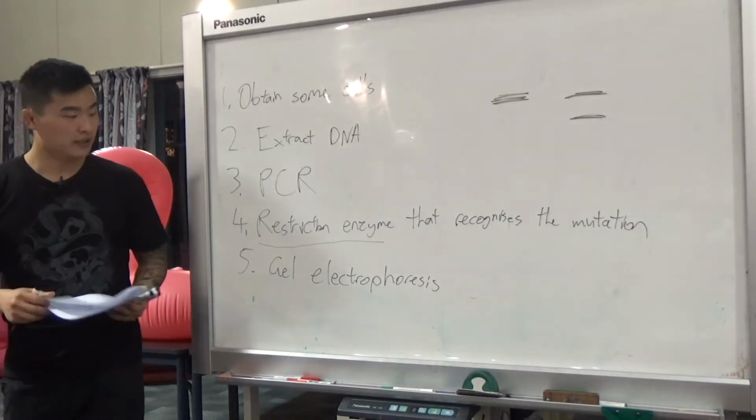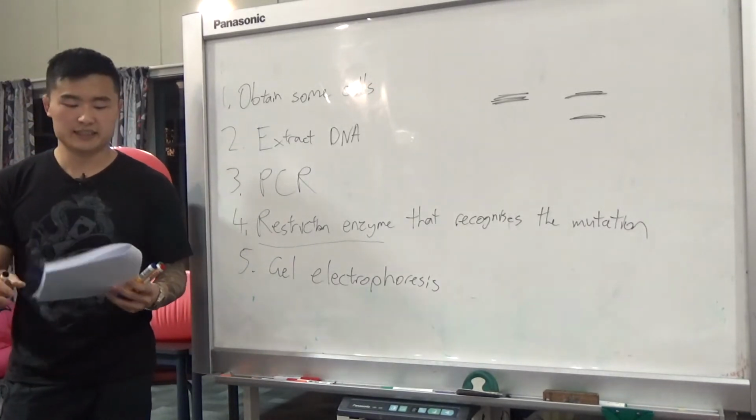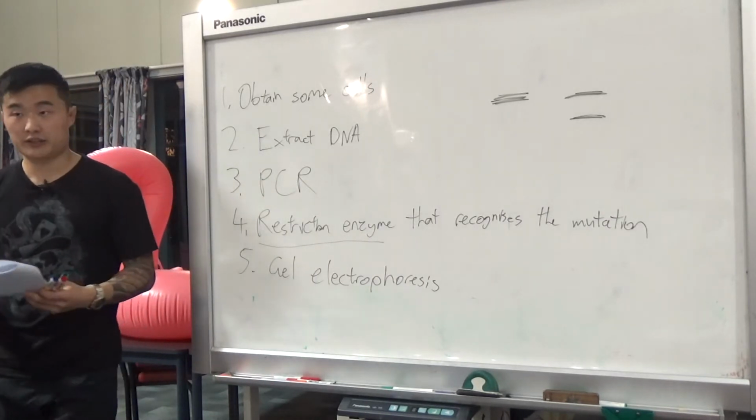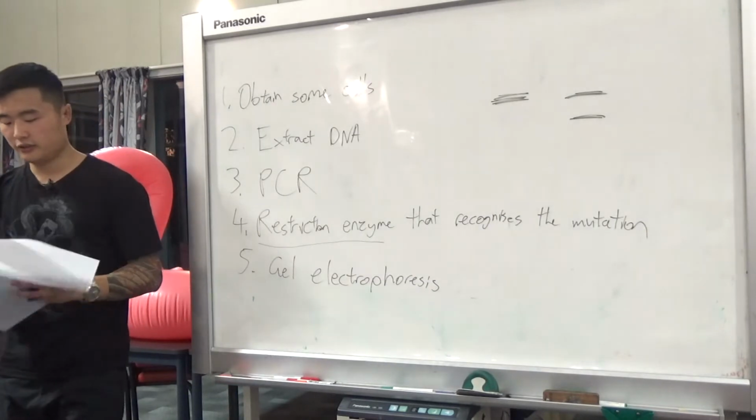Okay, and so this is just one method of DNA testing or genetic testing. There's lots of other ways that you can do genetic testing, but this is the specific example that you need to know about.